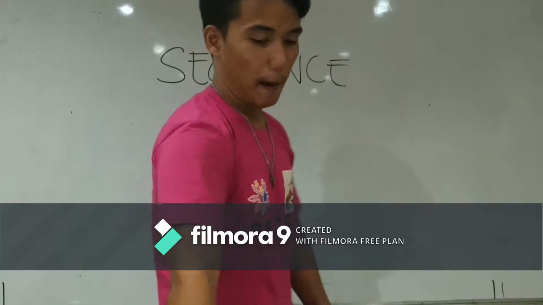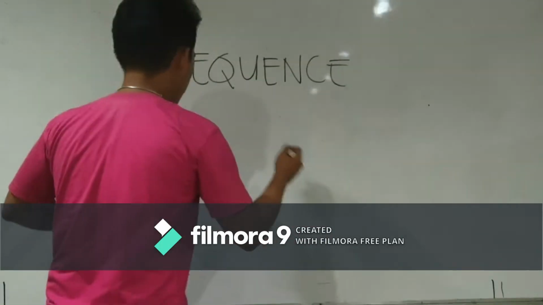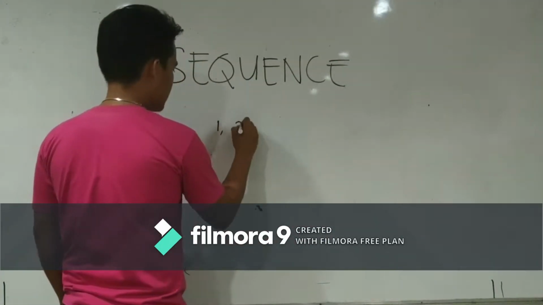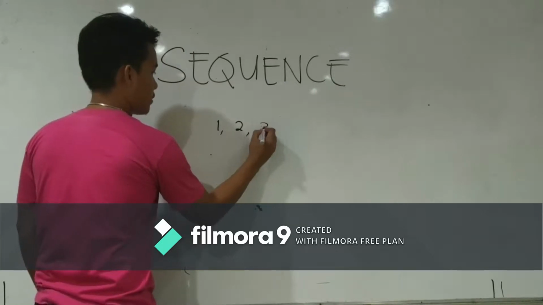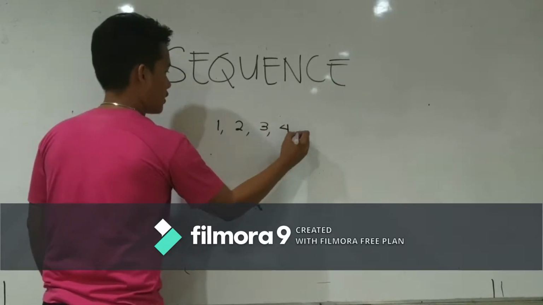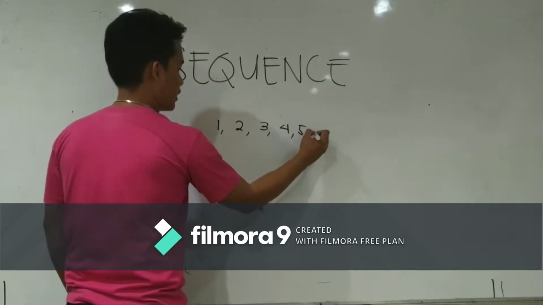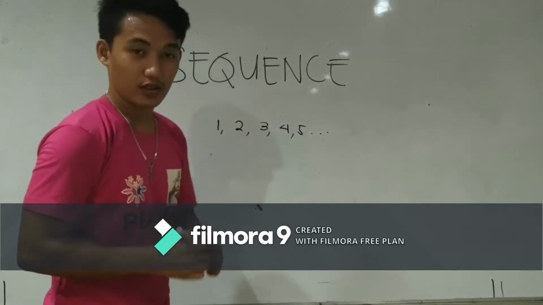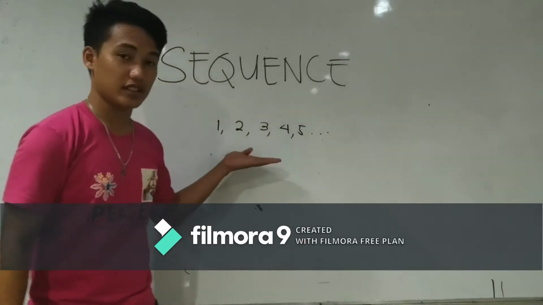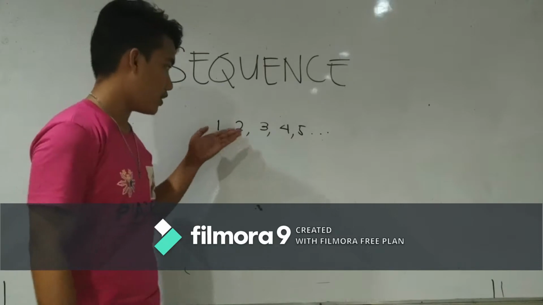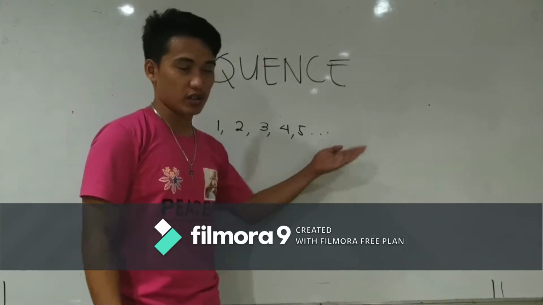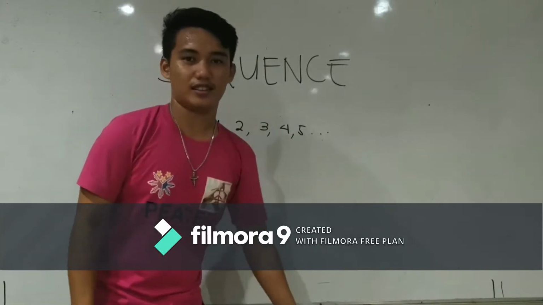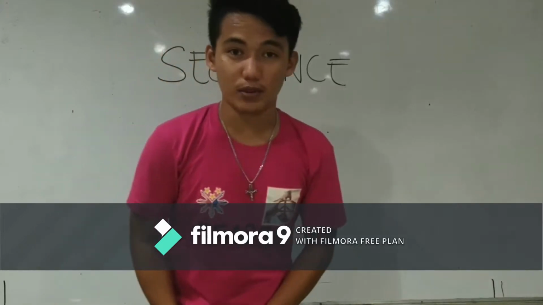For example, let's have here 1, 2, 3, 4, 5, and so on. So, this is a sequence of numbers, 1, 2, 3, 4, 5, and so on and so forth until infinity. That's an example of a sequence.